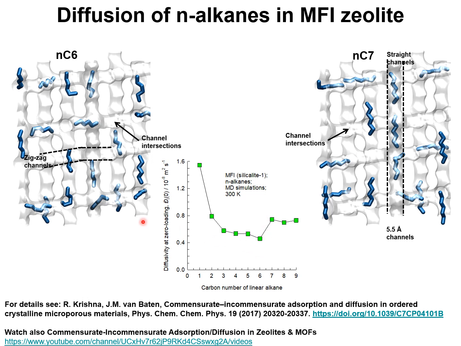On the other hand, if a molecule such as normal hexane is commensurate, it sits comfortably and therefore its diffusivity is lower. Have a look at my presentation on commensurate, incommensurate absorption and diffusion in zeolites and MOFs.